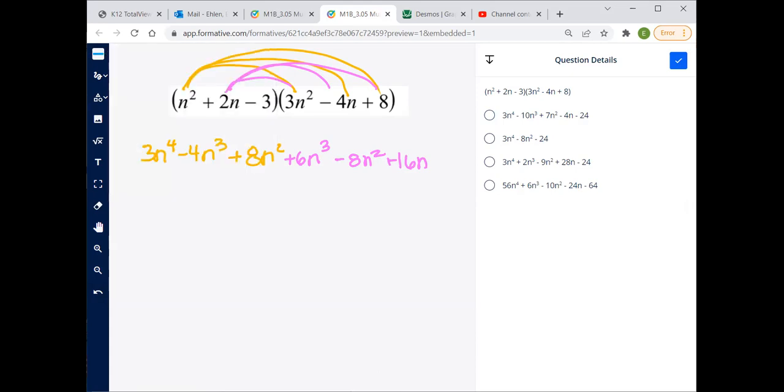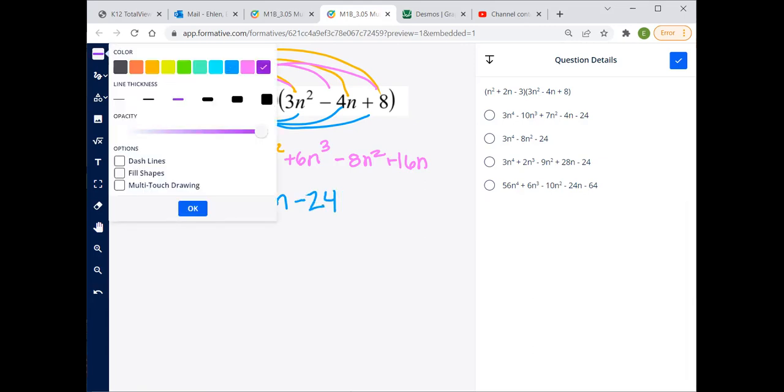And last but not least, we need to distribute this negative 3. Oof, this is where it gets tricky because I have so much stuff. I'll put it underneath. So we have negative 3 times negative 3n is negative 9n squared. Negative 3 times negative 4n is positive 12n. And last but not least, negative 3 times 8 is a negative 24.